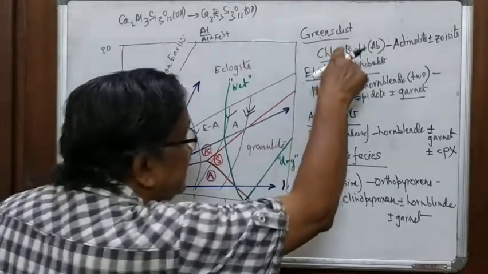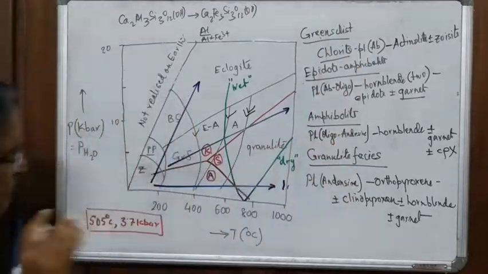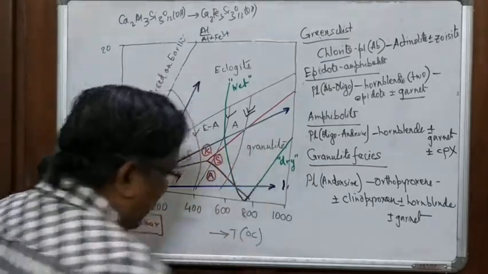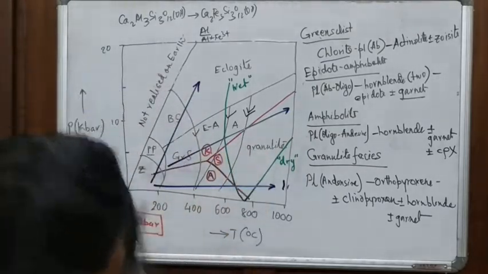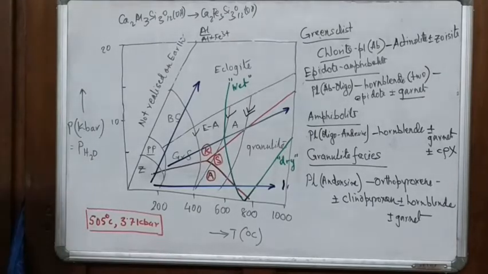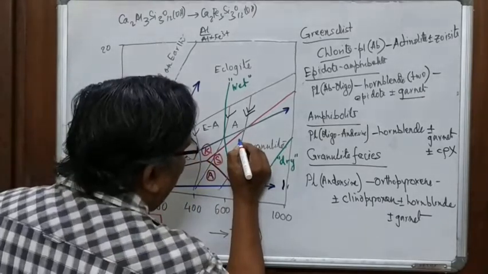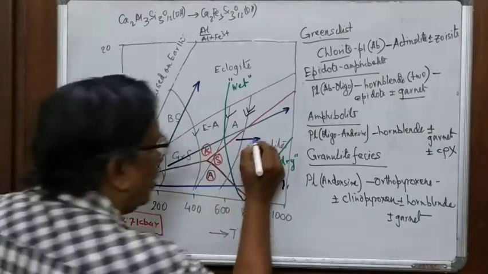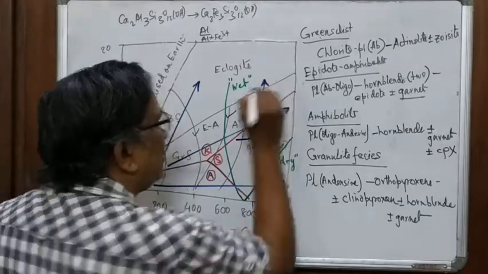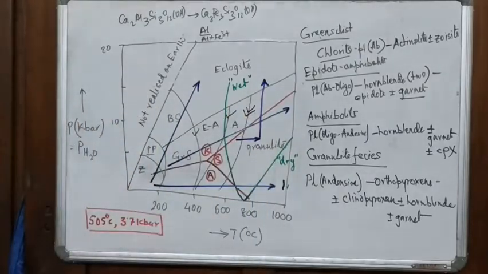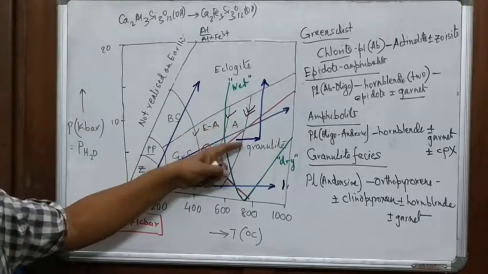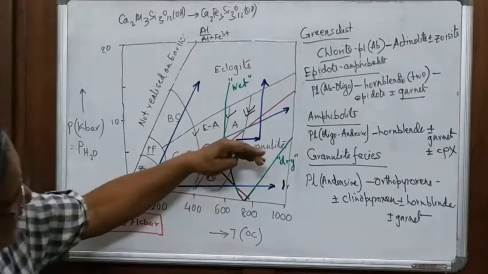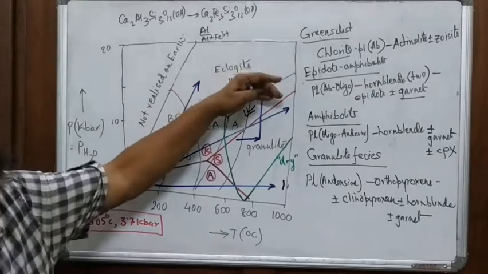So all these we will first study. In our first class we will study this boundary, amphibolite to granulite. And then we will go from granulite to eclogite. This is how we will go. First we will look at amphibolite to granulite, what happens here, and then granulite to eclogite, what happens here.